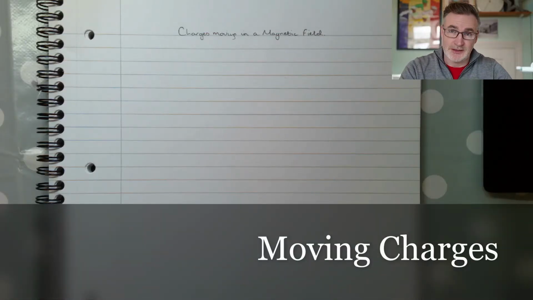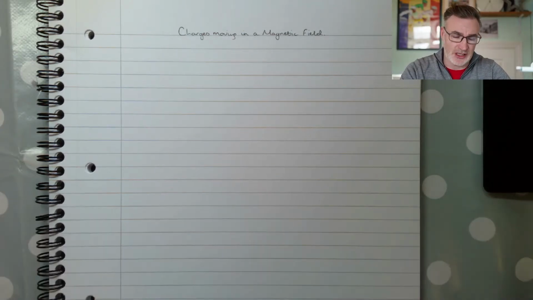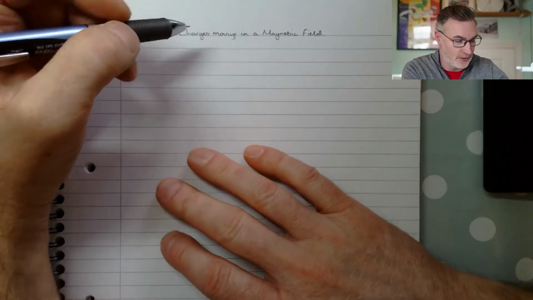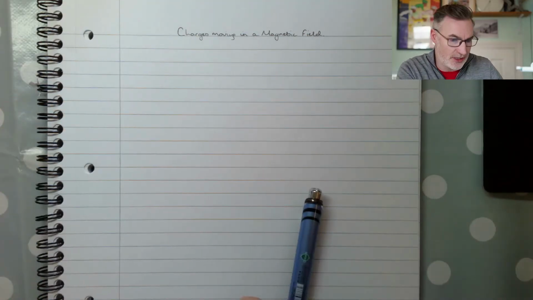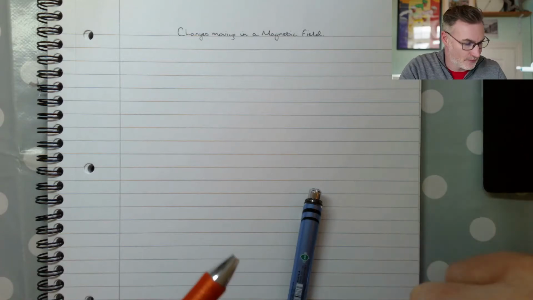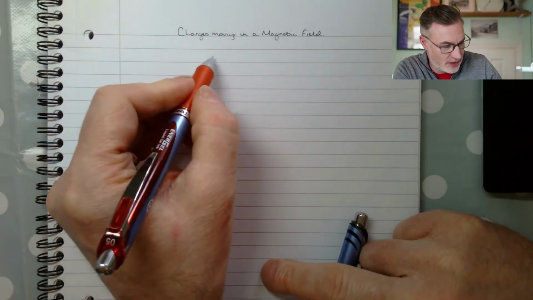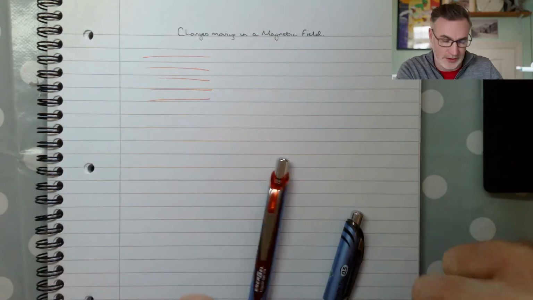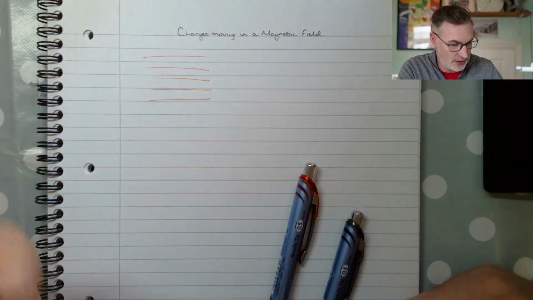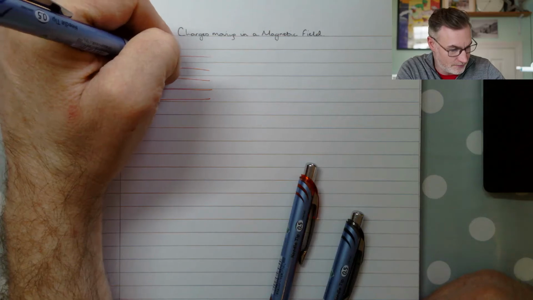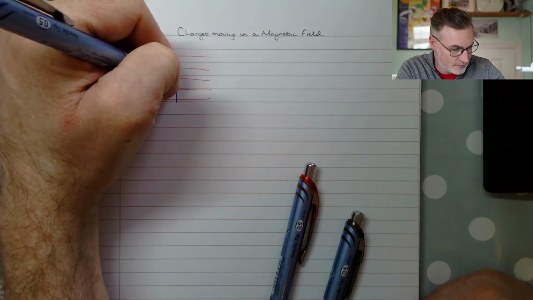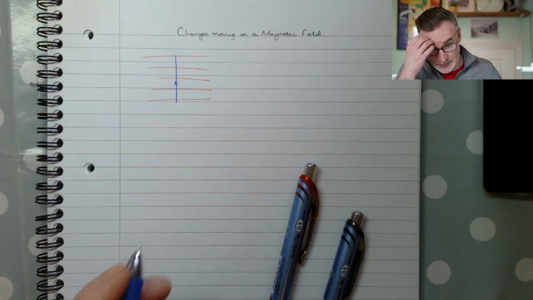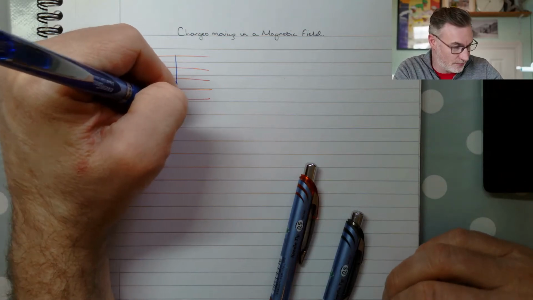So charges moving in a magnetic field, we're going to start off in a very similar way as we did for the current flowing through a wire in a magnetic field. If you remember, we had our magnetic field like so, and we had a wire, and this wire had a current flowing through it.